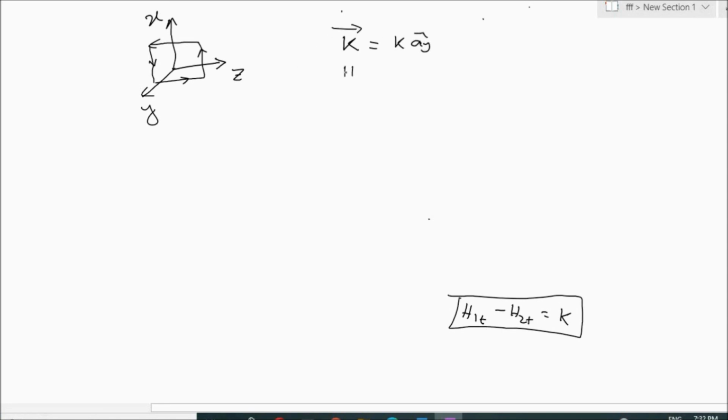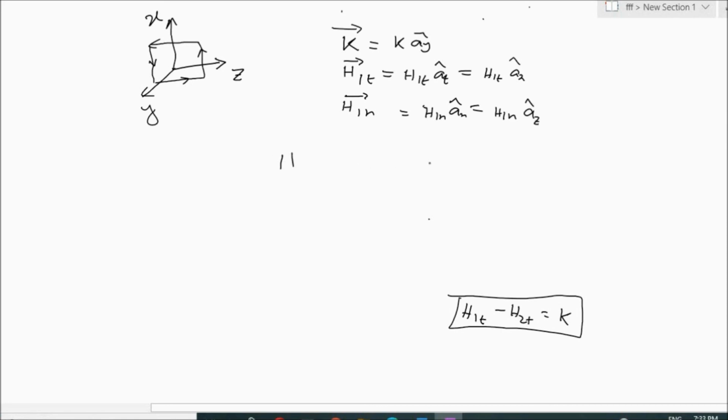So K is K ay. H1T is H1T AT, which equals H1T ax, and the H1N vector is H1N, where AN is in the Z direction.